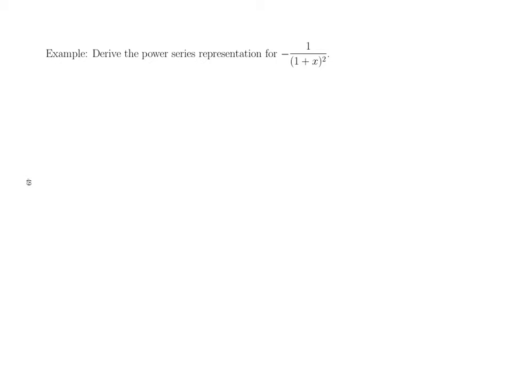So let's look at this example, which is slightly different than the ones we were doing earlier. This is negative 1 over 1 plus x squared, and we would like to find a power series representation for this function. So if we wanted to do that, the first thing we can think about is the fact that this, hopefully, is the derivative of something that we know.